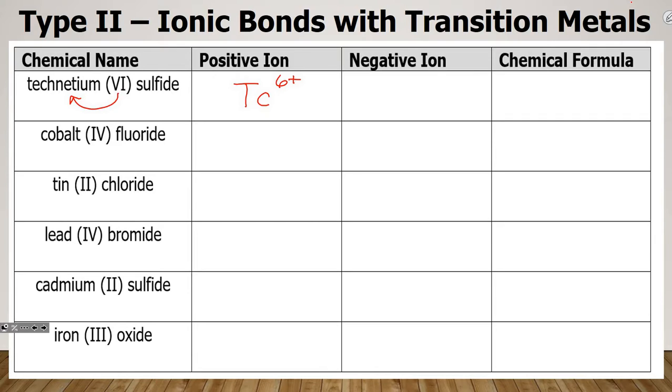What's sulfide? Sulfur. And what charge does it have? 2 negative. What's the common factor that they can both go into? 6. Good. So technetium's already at 6, right? I just need one of them. How many sulfurs do I need to get to 6? 3. Good. So S3.